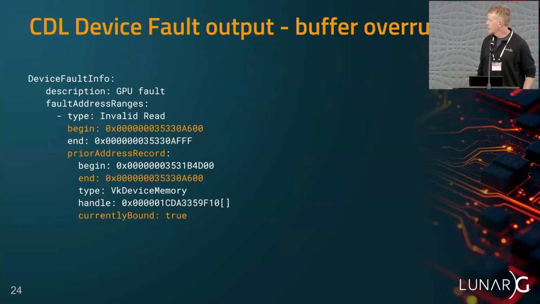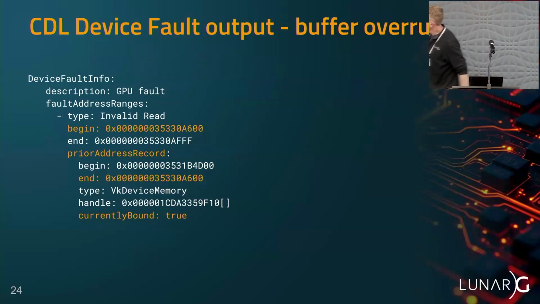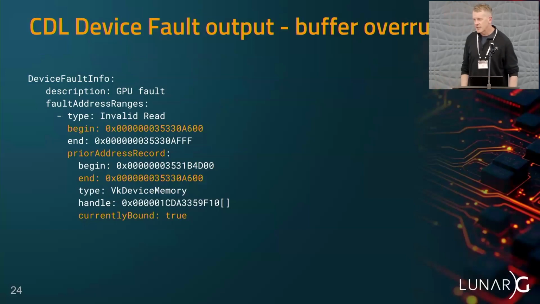This is how it would show up in CDL: you have a fault at address A600, and the nearest address record that we found ends at A600. So that would mean that you went past the end. If you had a debug utils label on this buffer, we print it out there. That's the best we can do. We can't tell you what shader instruction. That's when you have to start using GPU AV.